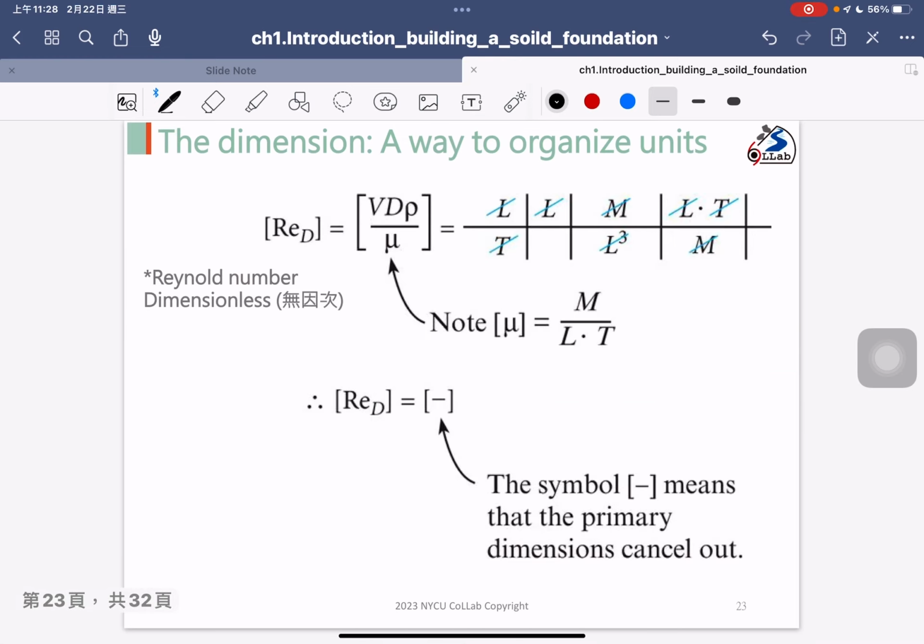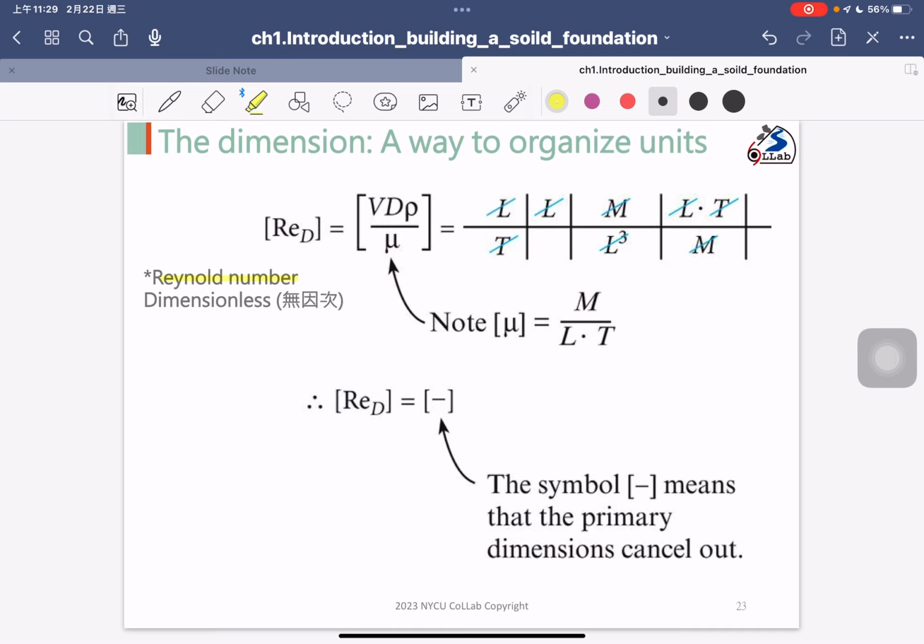Okay, but an important thing is that some parameters have no dimension. As one parameter I'm showing here, we call that the Reynolds number. And why there is no dimension, you can double check based on the dimensional balance.